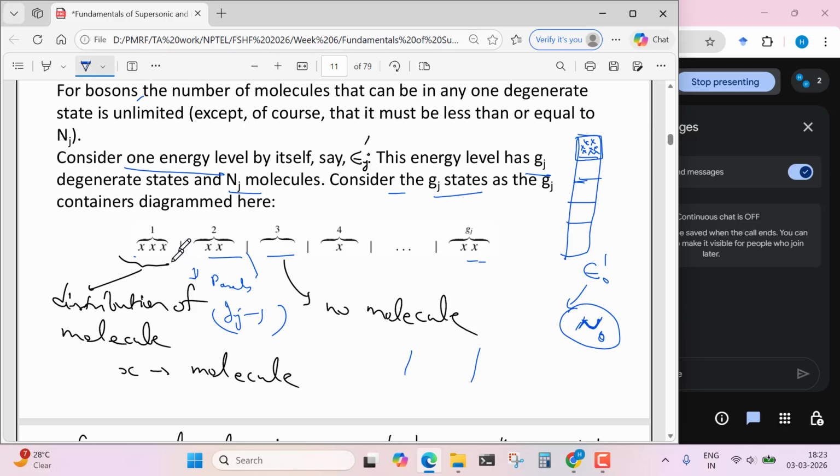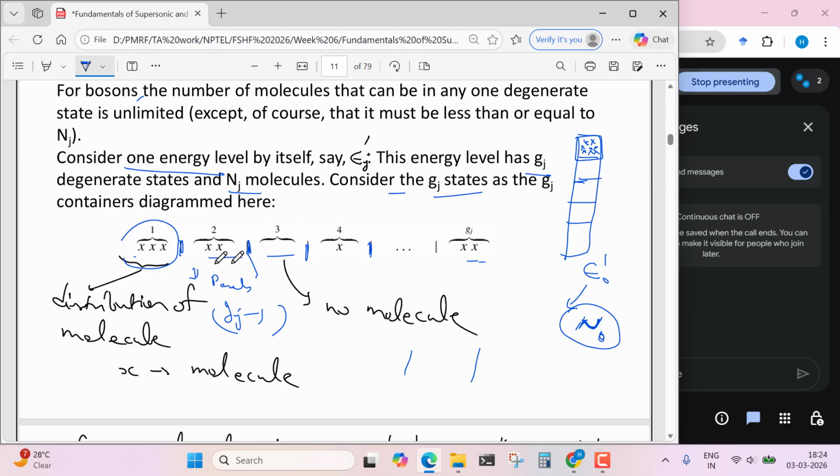You might be seeing these panels dividing the containers: 1 container, 2 container, 3 container, 4 container, like this, up to Gj containers.